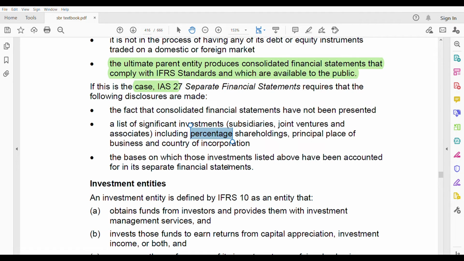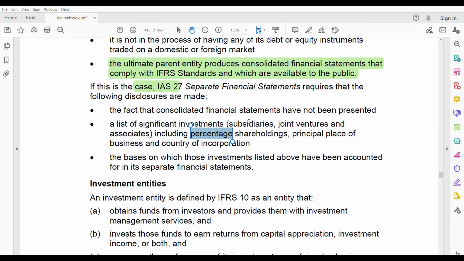That means if it's an associate, how did you account for it in the separate financial statements? We know when it's consolidated, it is equity accounted under IAS 28. But what if it's in the separate financial statements? In the parent and the associates, how do you account for it? You need to disclose it. What are the bases? Same for the subsidiary and also joint venture.